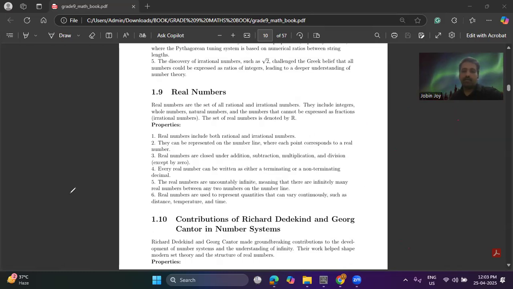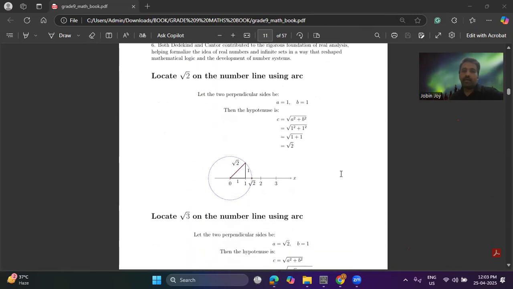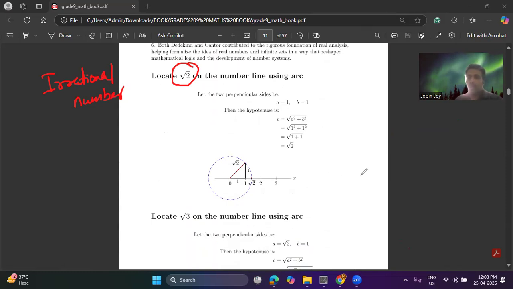Then coming to the next one. As I already mentioned, root 2 is an irrational number, right? How will you locate this irrational number on a number line? As we know, the number line will be like this: 0, 1, 2, 3, like that.